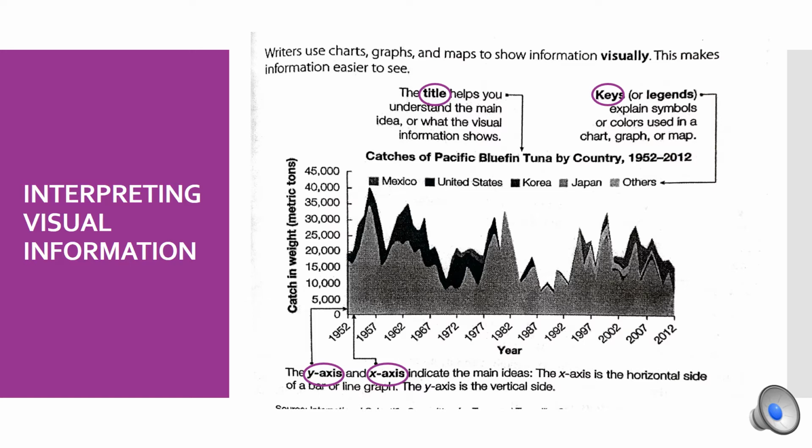So the x-axis is the horizontal side of a bar or line graph. The y-axis is the vertical side, and the x-axis is normally the year, the period, and the y-axis is normally the digits, the value.